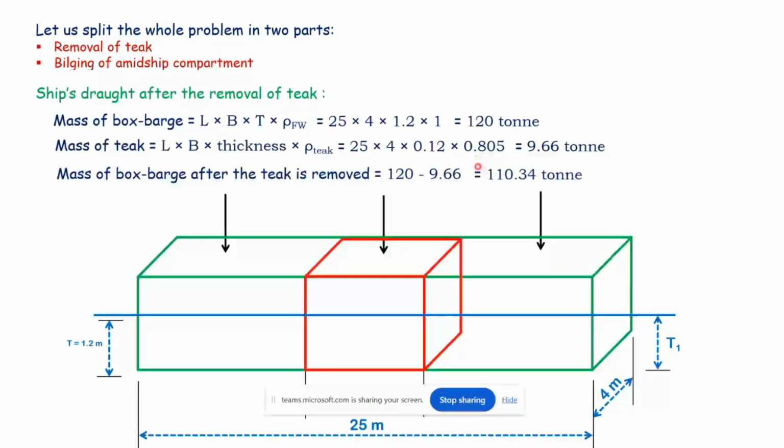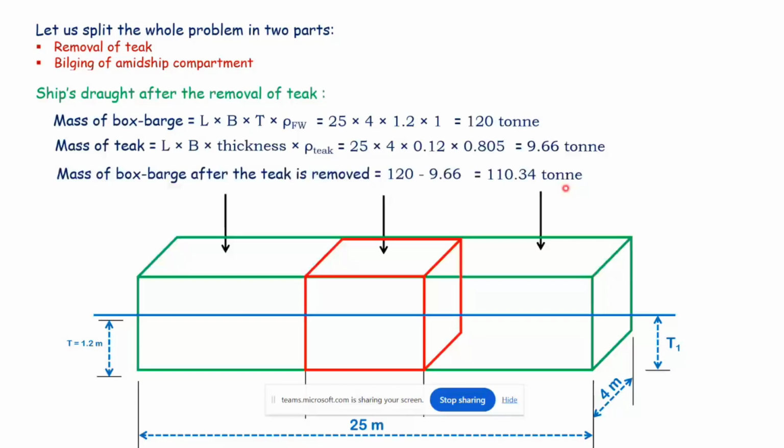That's why I have substituted it directly here, and I got the value in tons, not in kgs. In case they are relating to some other liquid like seawater, it will change. Now, this is the mass of the box barge.